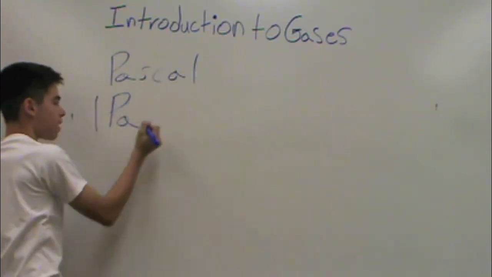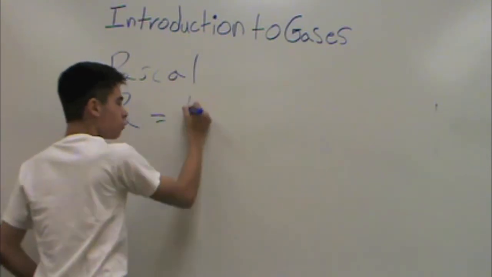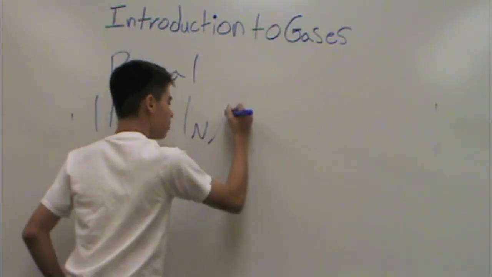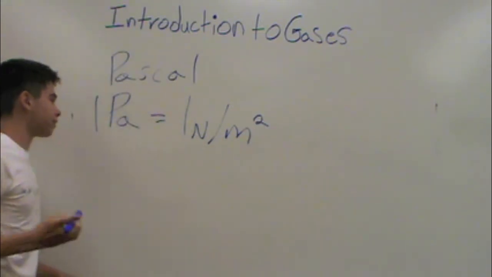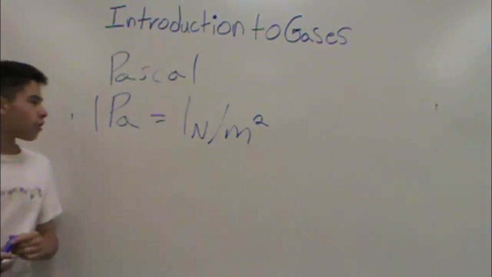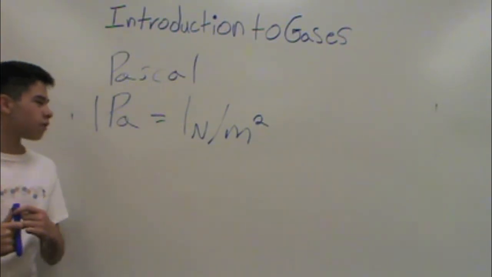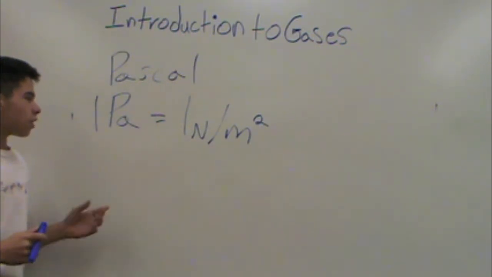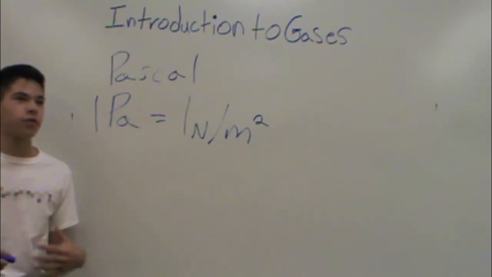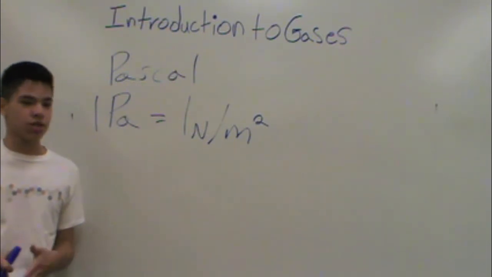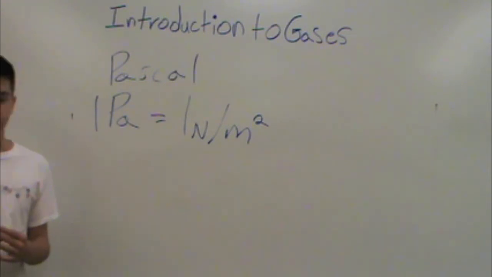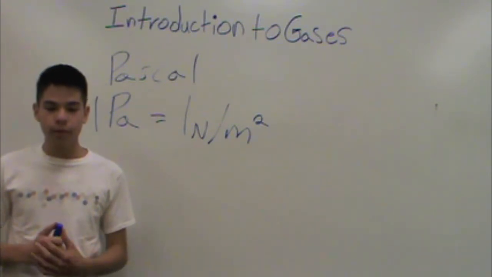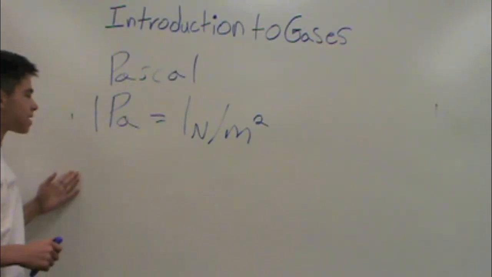So 1 Pascal equals 1 Newton per meter squared. Now, just to give you an idea, 1 Newton is like the force that gravity has on an apple. So that's the best representation I can think of. So this is the SI unit.